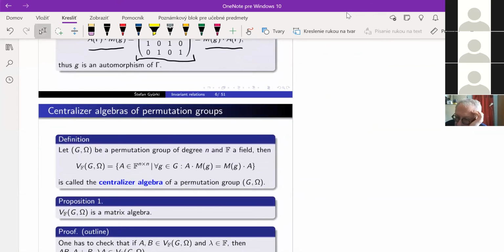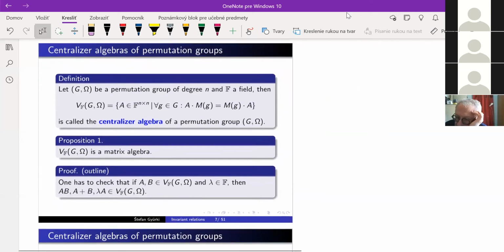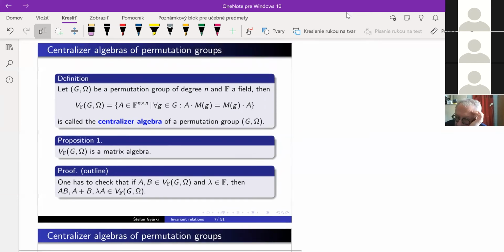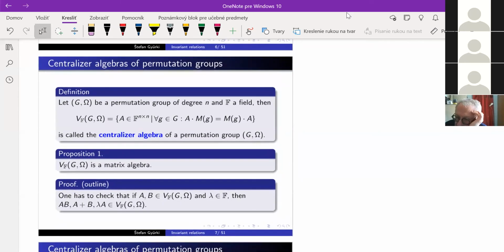Now, this is a way to switch to the language of matrices from permutations and from graphs. And maybe it is interesting to ask the opposite question: if I am given a permutation group, then what is the set of all matrices which commute with each permutation matrix corresponding to the permutations of the given permutation group?